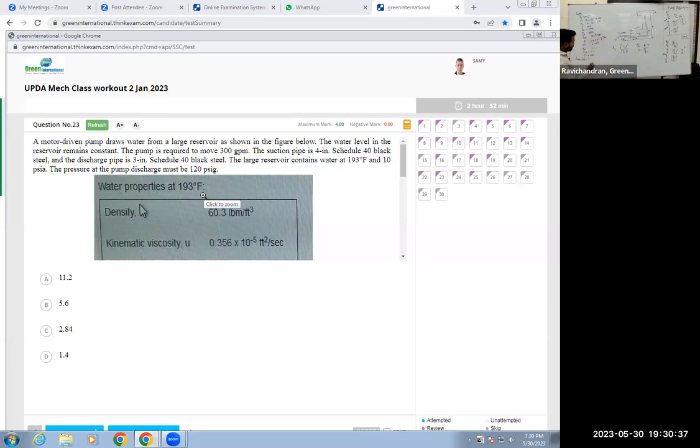But since the elbow loss and entrance loss are given, we have to consider that. We have to add that to the total friction loss. So we have to add K entrance plus K elbow.